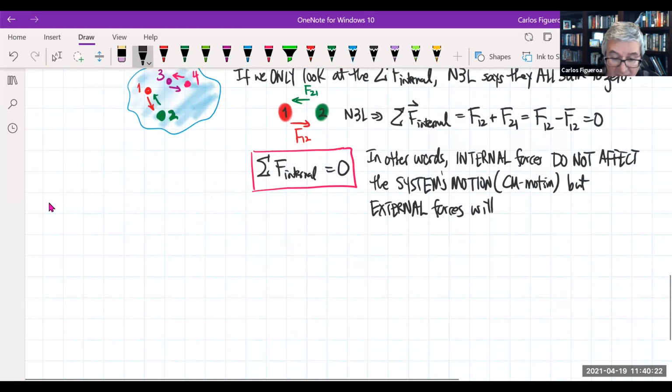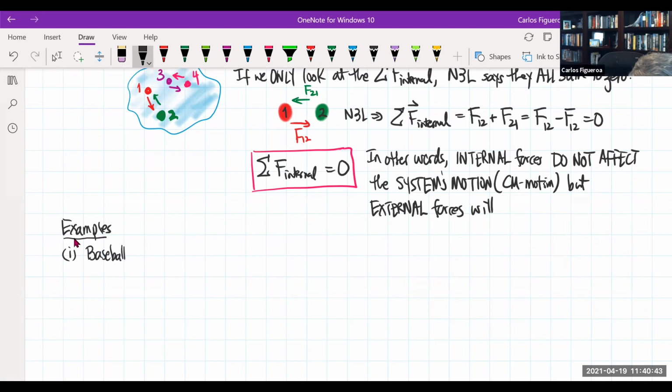And there's lots of examples that we could think about here. Okay, so here's some examples right here. So the first one that I want to look at is, let's talk about a baseball. So a baseball has zillions of molecules interacting inside, right?